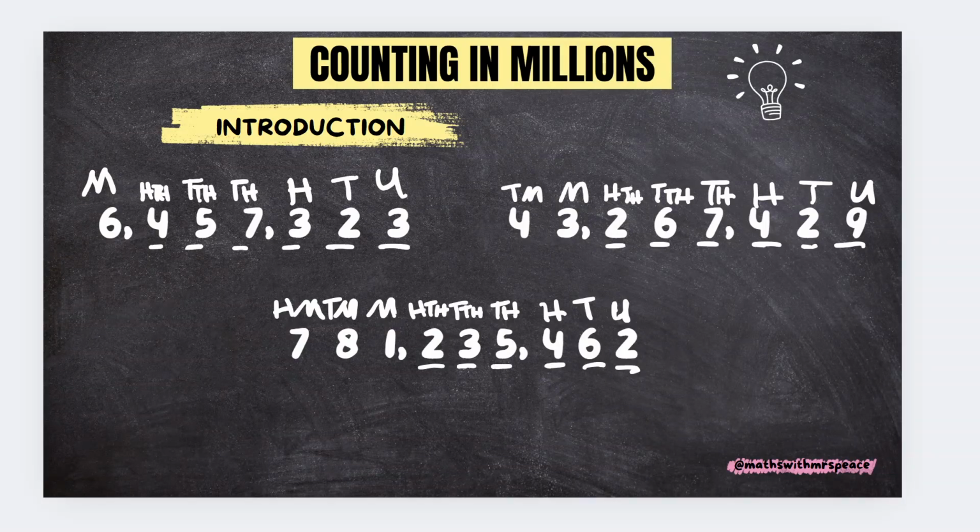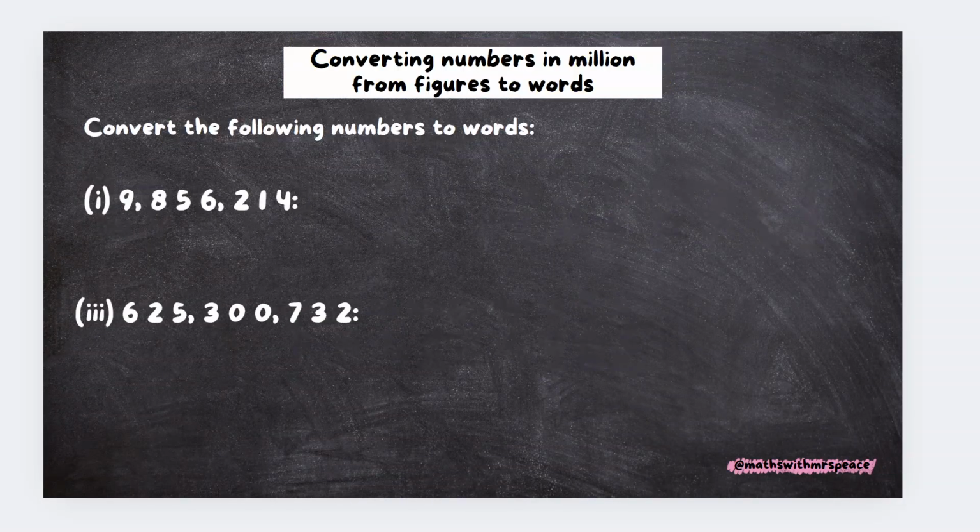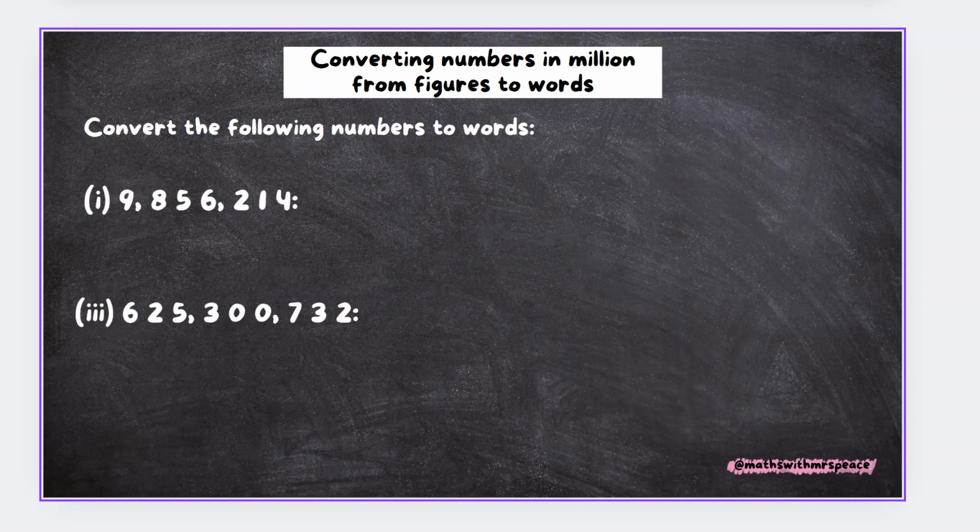We are going to go ahead now and convert numbers in millions from figures to words. When you want to convert a number in millions from figures to words, if you cannot easily just do the conversion, you can go ahead and write the place value just above the numbers like we did in the previous examples.